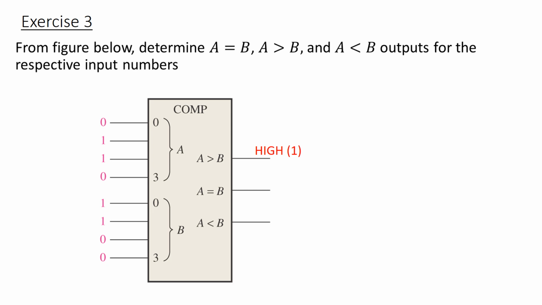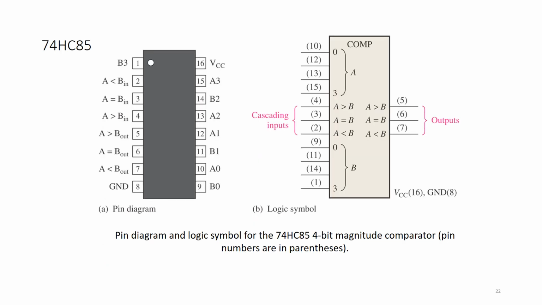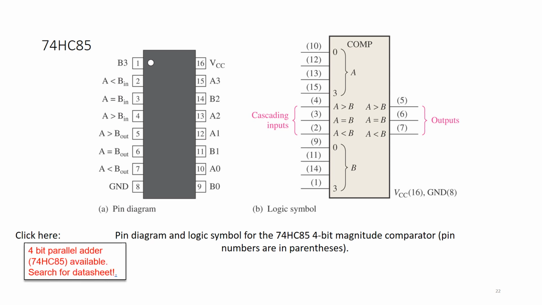The other two output pins will produce a low output because they are not equal and A is not less than B. So this specific comparator is in the form of an IC called the 74HC85. It is a 4-bit magnitude comparator, and you can look for it in the data sheet.